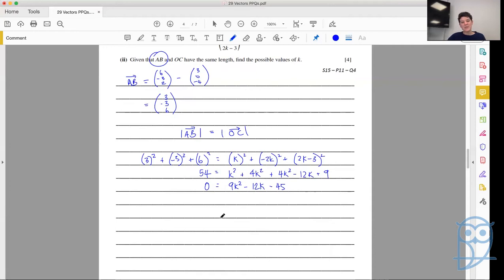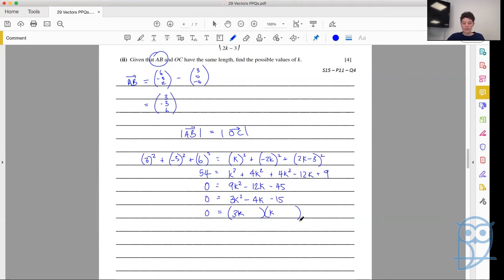Big numbers. So what can we simplify? I reckon we can get rid of 3 out of each of those. So 0 equals 3k squared minus 4k minus 15. Yes, we are going to factorize. So 0 equals, this first 3 is prime, so it has to be a 3k and a k. So making a 4 through a subtraction, 1 and 15 ain't going to work. 3 and 5 looks a little bit closer.